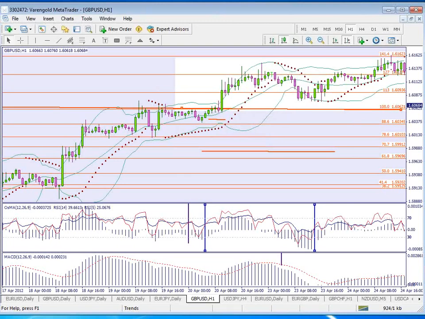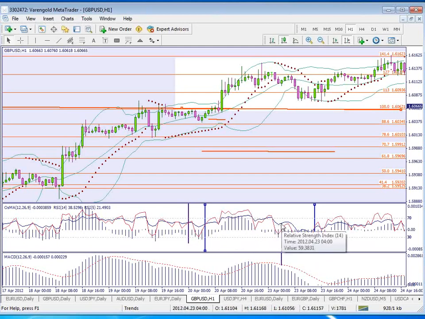Michael is asking me, Christina, how important are the 70 and 30 levels on the oscillator of moving average? Actually, the 70 and 30 levels are part of the RSI, are the levels of the RSI. The 70 level means that the pair was overbought, like here, and when the RSI is going under the 30 level, the pair was oversold.